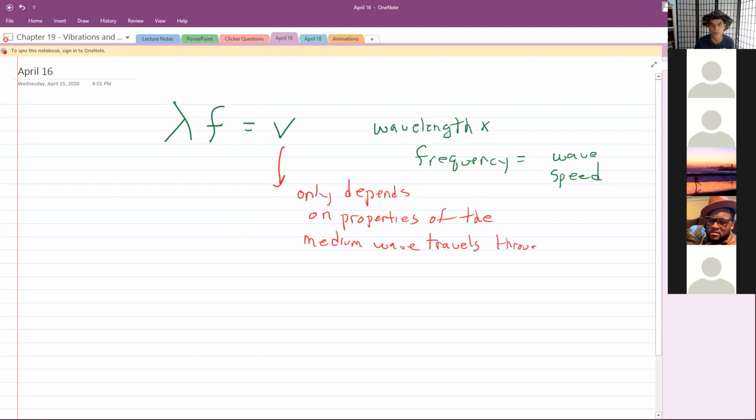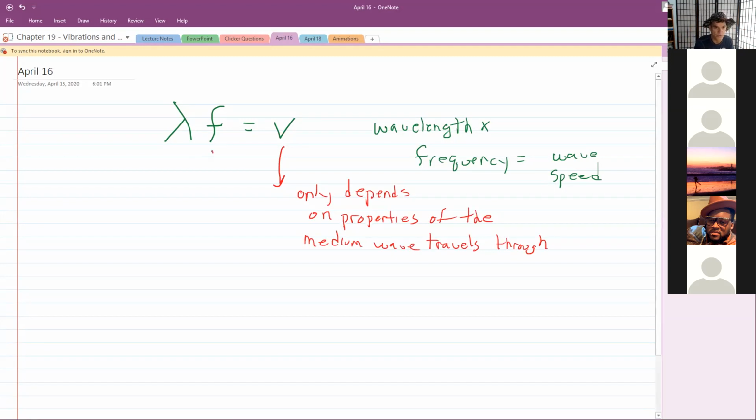Like I said, for sound, the speed of sound depends upon temperature. It also depends upon humidity and a couple other things, but mainly it depends upon temperature. At a given temperature, all sound waves will travel at the exact same speed.